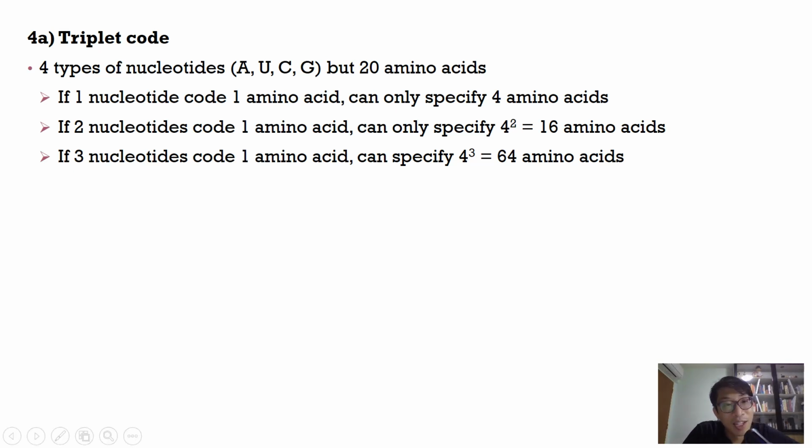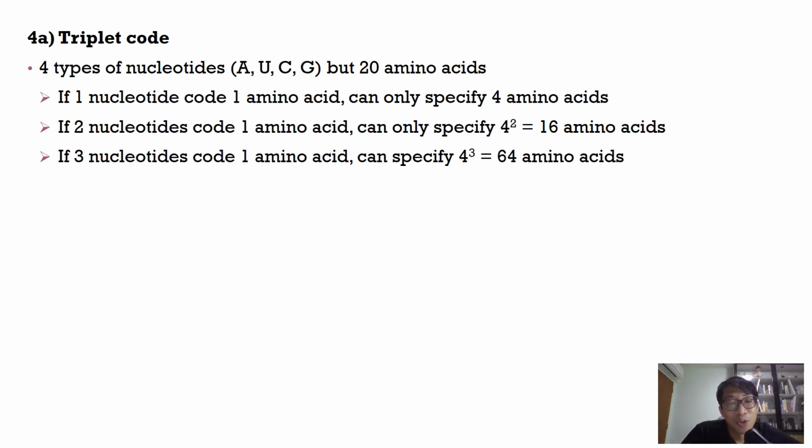Or if we read the mRNA sequence in twos, let's say AU codes for one particular amino acid, AC codes for another, and UC another, the maximum is only 16 amino acids that can be coded for, because there are only 16 different combinations of codons if each codon only consists of 2 nucleotides.